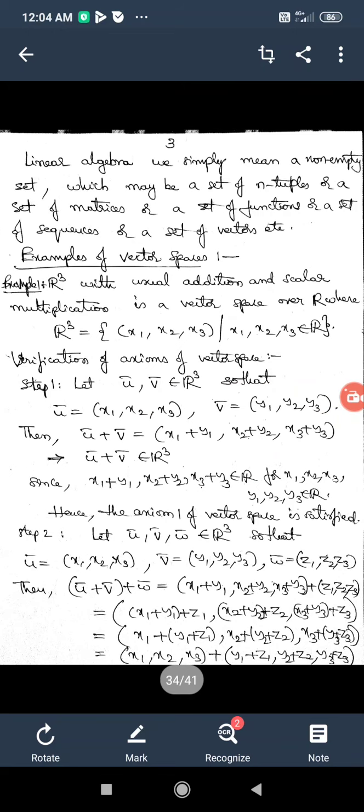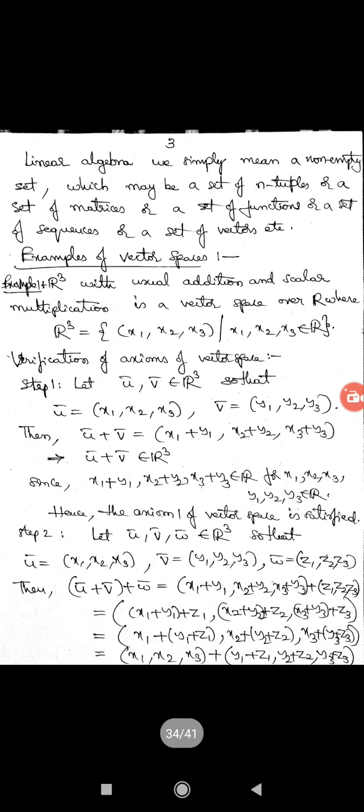By the word vector space in linear algebra from now onwards, we simply mean a non-empty set which may be a set of n-tuples or a set of matrices or a set of functions or a set of sequences, or it can even be a set of vectors. Or even it can be something else also.